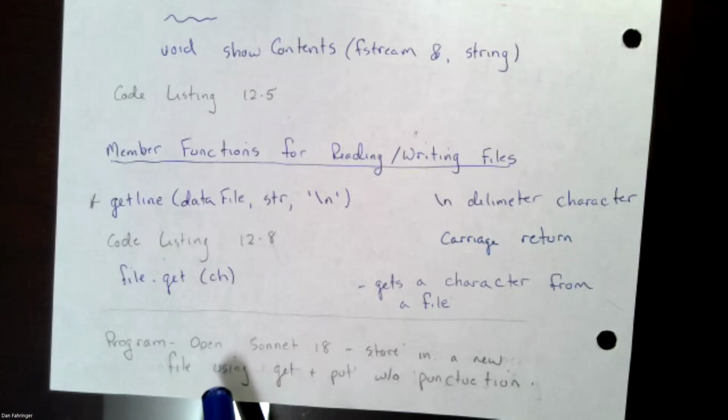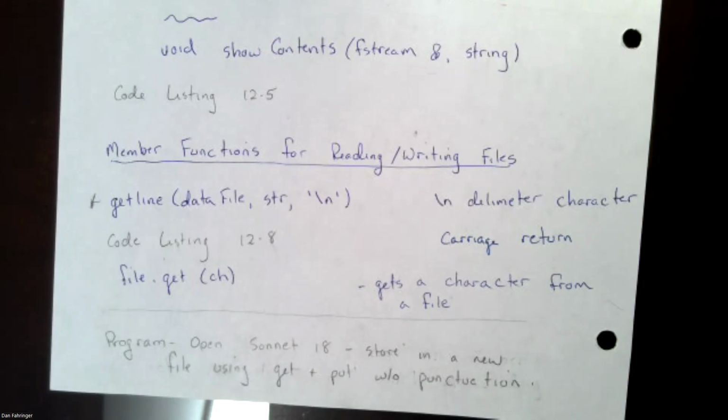Then I want you to read it one character at a time by using get and only put letters into a new file. So you're going to take that file with question marks and commas, and the only thing I want you to do is get those one at a time and put them in a new file. So the only thing that's there are letters and spaces.